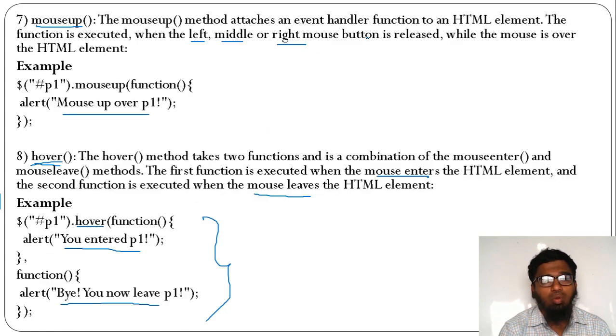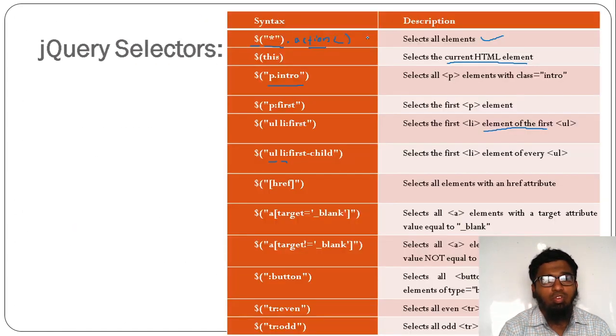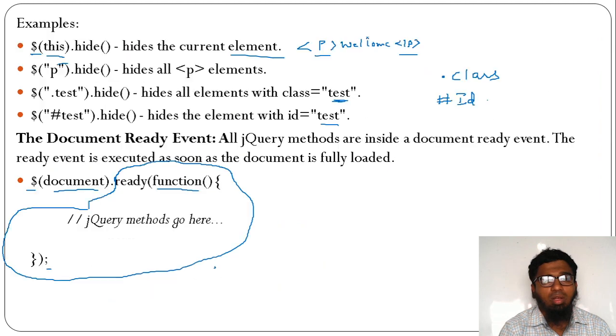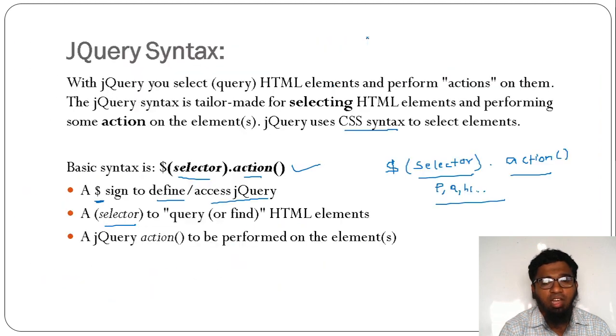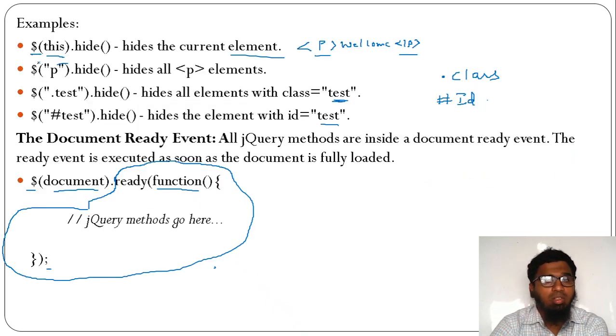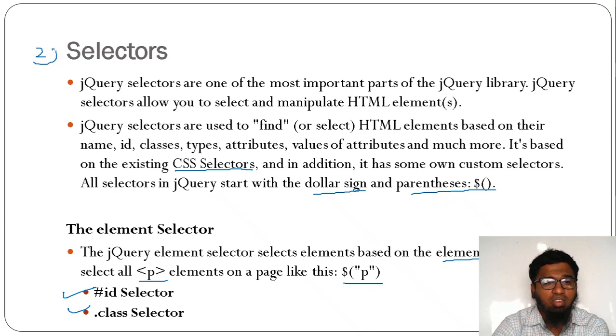So what we have learned today: first, we saw the jQuery syntax. Second, we saw the selectors. How many selectors are there? Two selectors, ID selector and CSS selector.